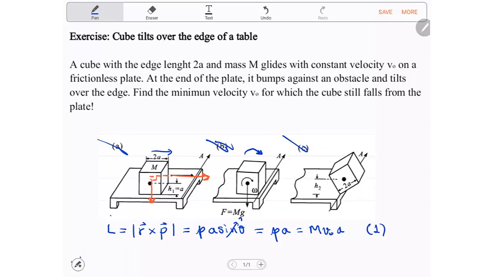So immediately after that happens, we have a momentum, but this time it is angular momentum due to the rotational motion.